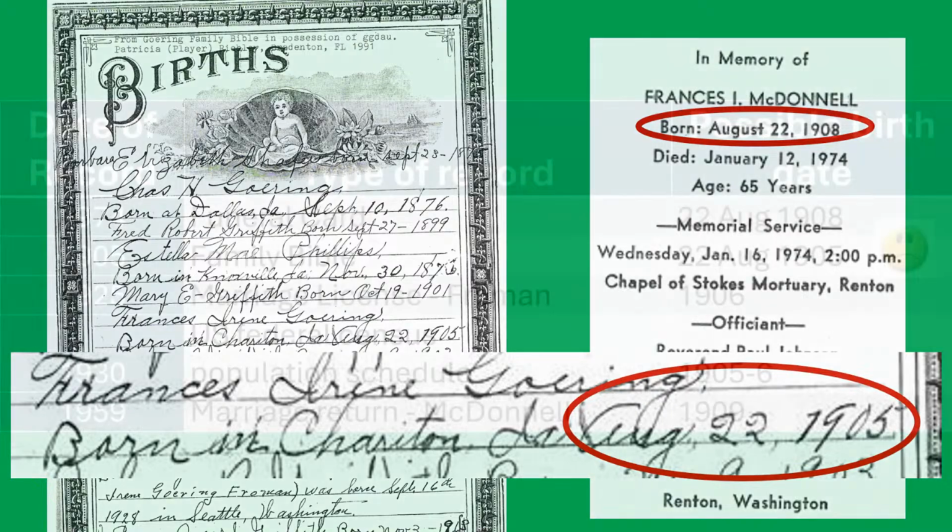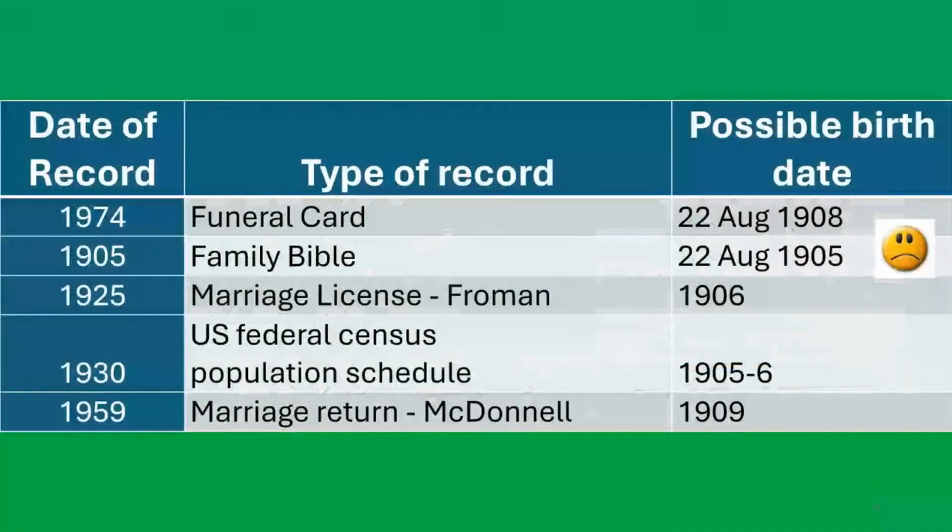But being the due diligent researcher that I am, I compiled in my research process, not the written conclusion, that 1974 funeral card listed this possible birth date, family Bible, the 1905 marriage license. Remember, well, you don't remember, but she kind of eloped when she married Mr. Froman.